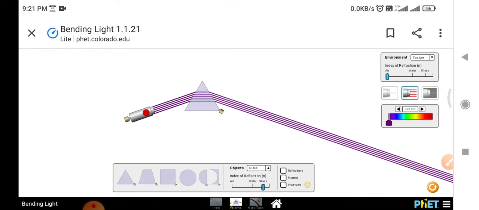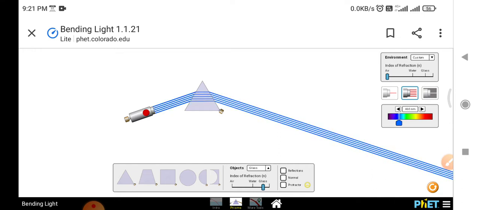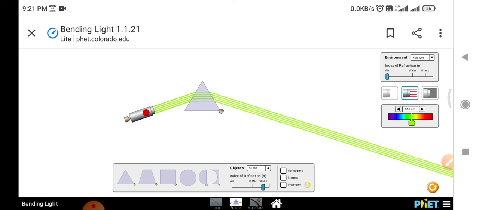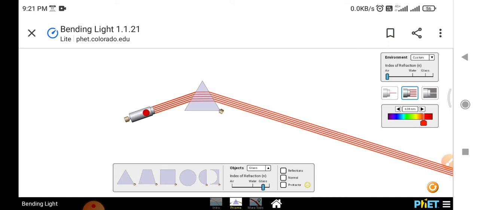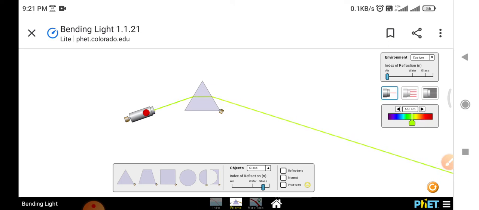And I changed the color also. We can change from violet, indigo, blue, green, yellow, orange, red. The same for a single light also: violet, indigo, blue, green, yellow, orange and red.